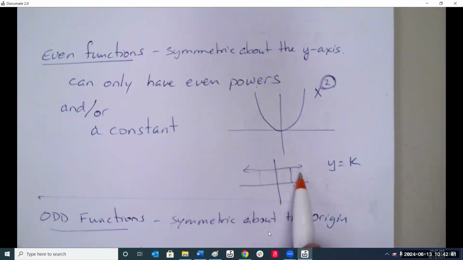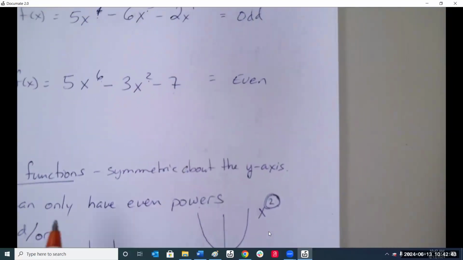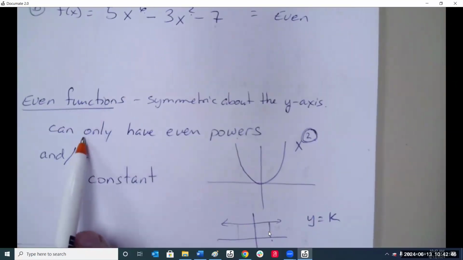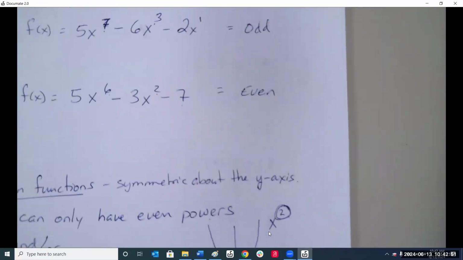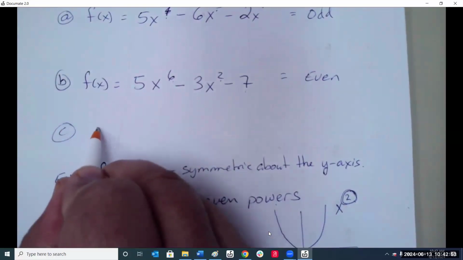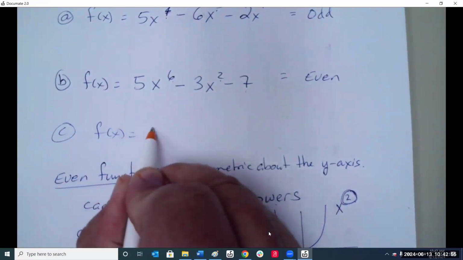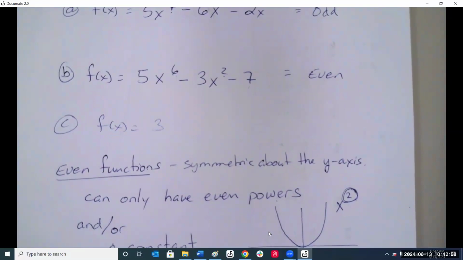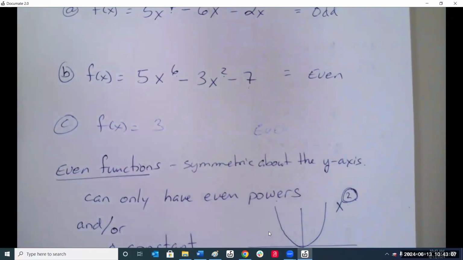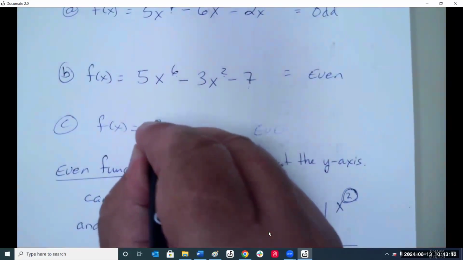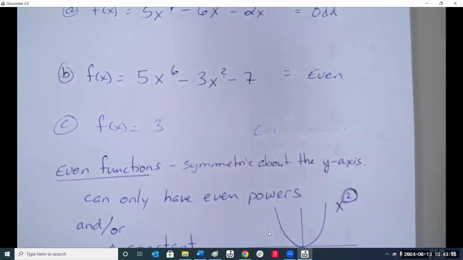It's symmetric about the y-axis. So even functions can have even powers and or a constant. Odd, even, or neither? Which one? Even. Very good.